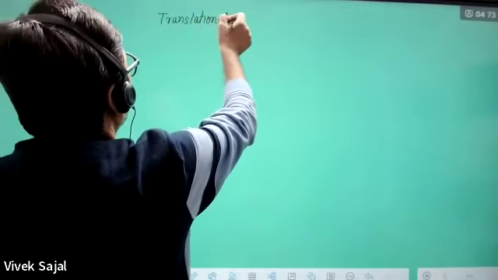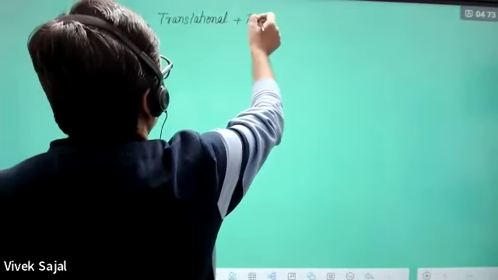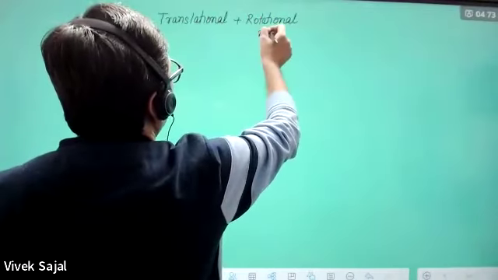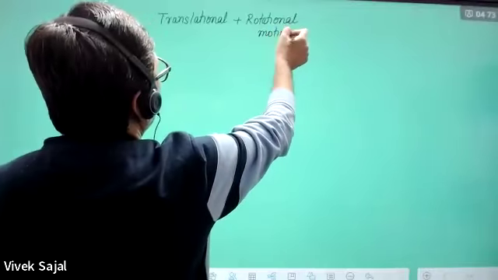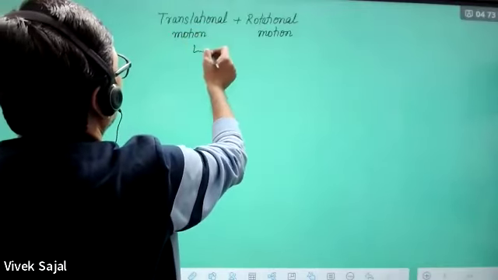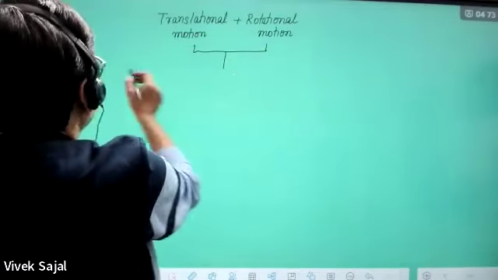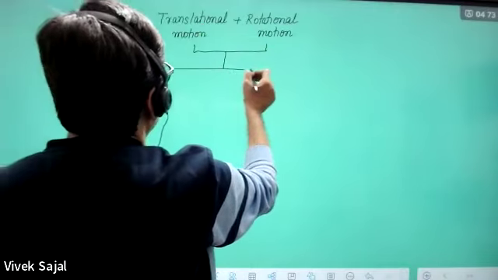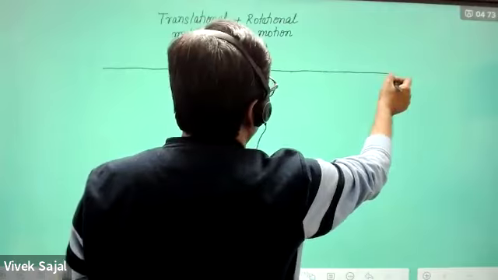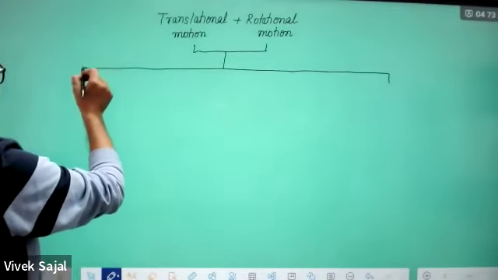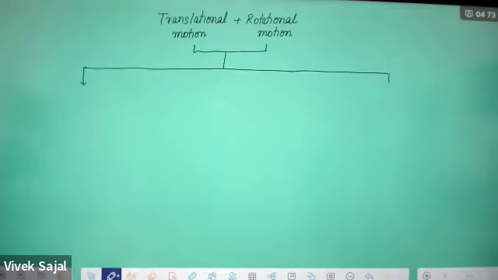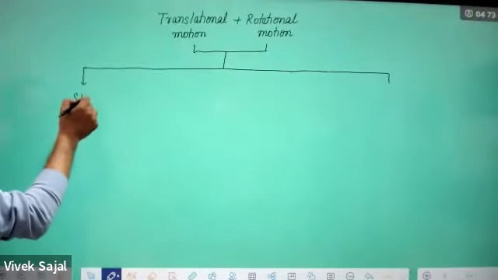There may be three consequences. The first type of motion is known as slipping.